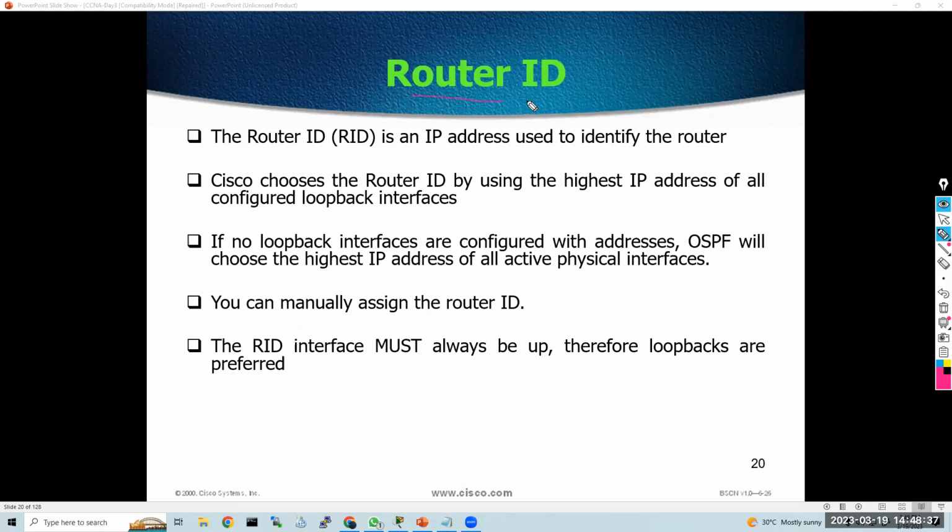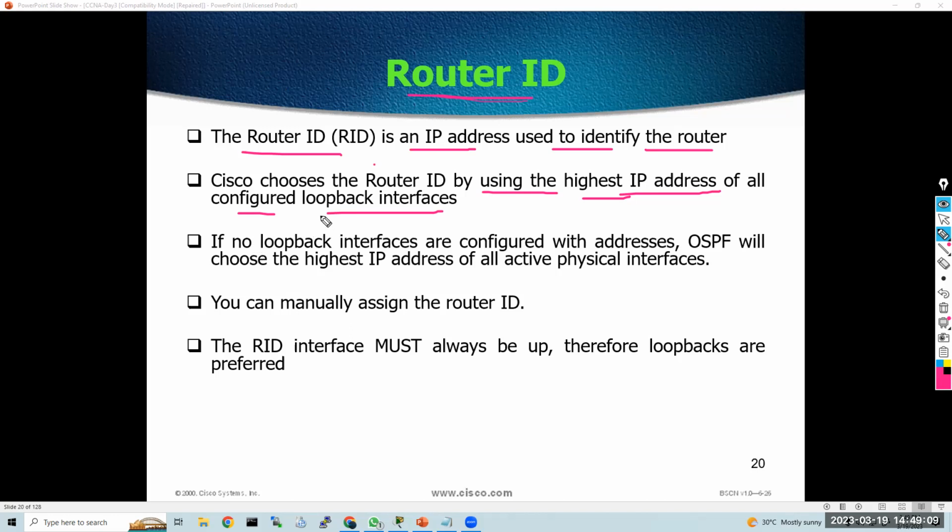So let's talk about what the router ID is. Router ID is an IP address used to identify the router. We can give an IP address to the router in OSPF for identification. Cisco chooses the router ID by using the highest IP address among all the configured loopback interfaces. Whoever has the highest IP address will become the router ID.